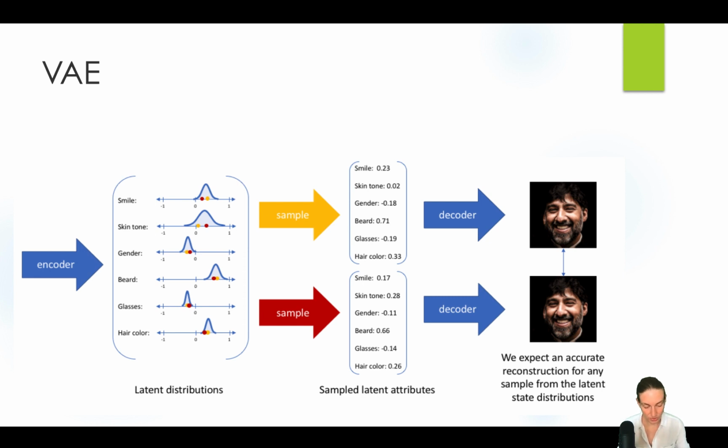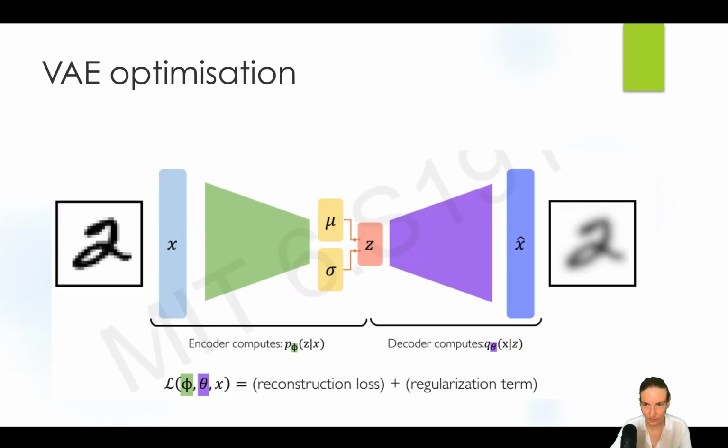Thus, values which are nearby to one another in the latent space should correspond with very similar reconstructions. As you can see from the image here, if we sample from these distributions, we might get either the red dot or the yellow dot, and sampling with the red will be here, sampling with the yellow will be there, and we'll still see that these images should really mimic the input. So how do we train a variational autoencoder?